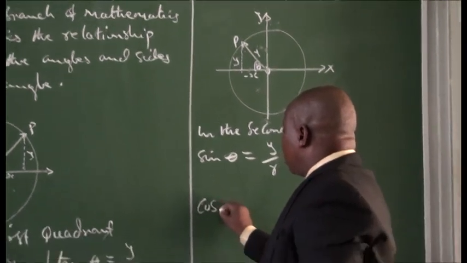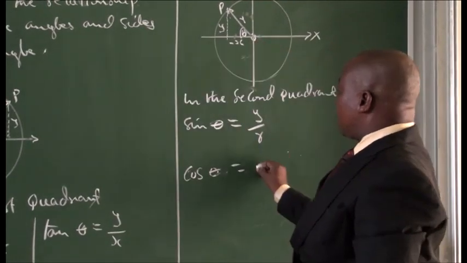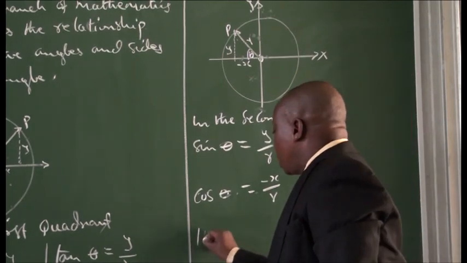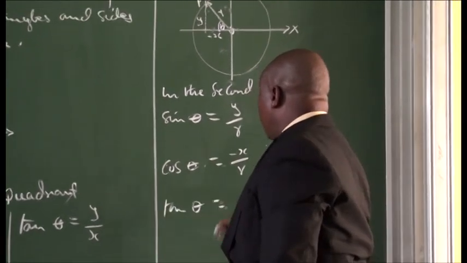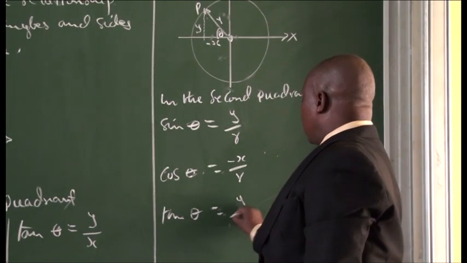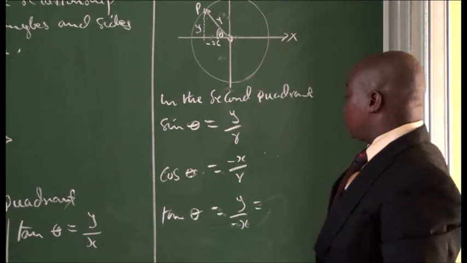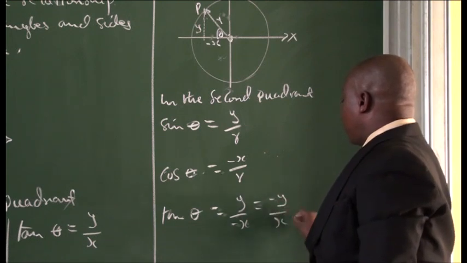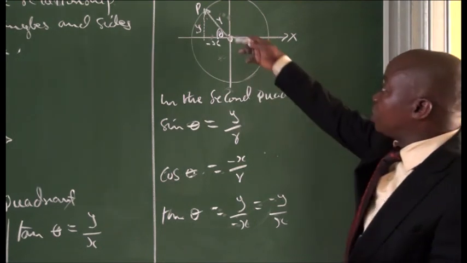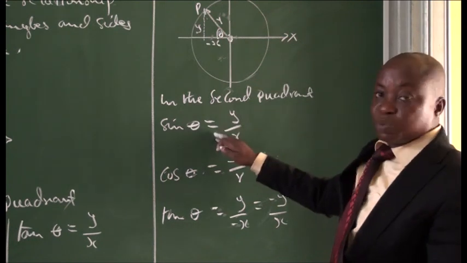Cos or cosine theta is adjacent, that is minus x over r. Then tan theta is opposite, that is y over minus x. Opposite over adjacent, which is the same as minus y over x. Then we see that in the second quadrant, only sine is positive.